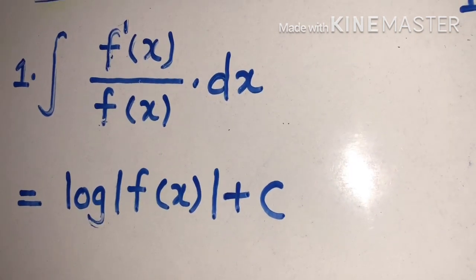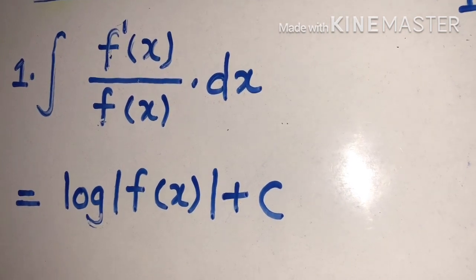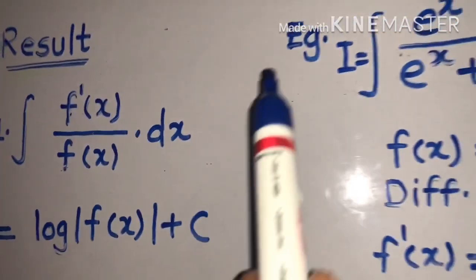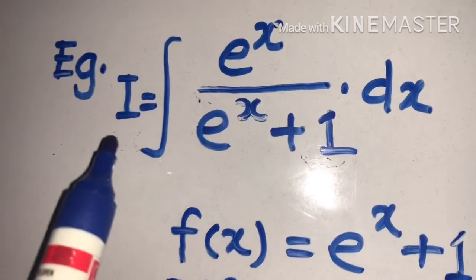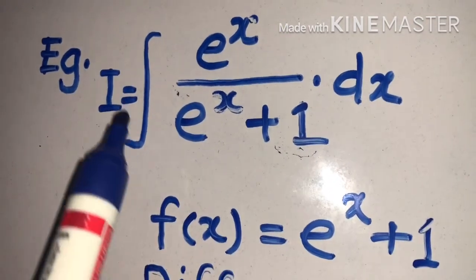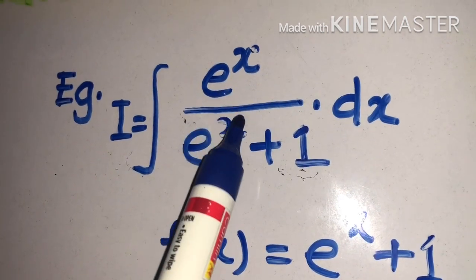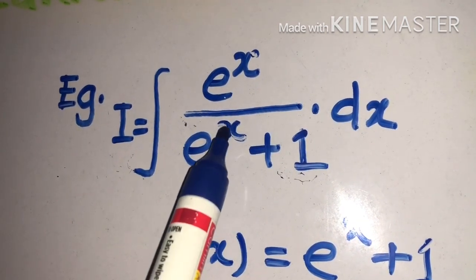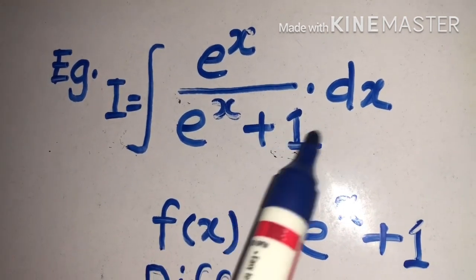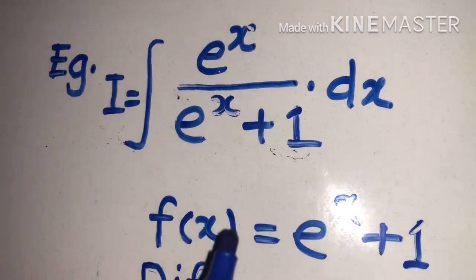Now I will take one example based on that. Take the example I is equal to the integration of e raised to x upon e raised to x plus 1 into dx.